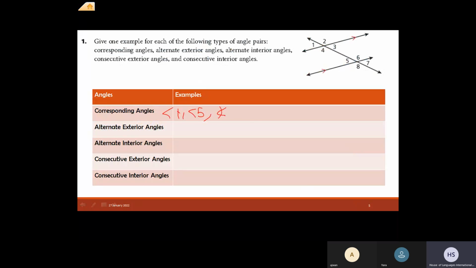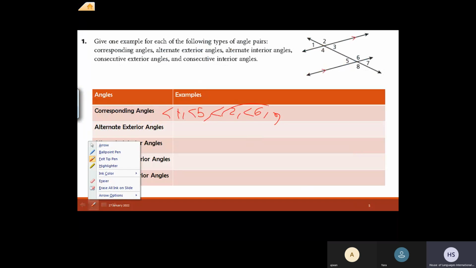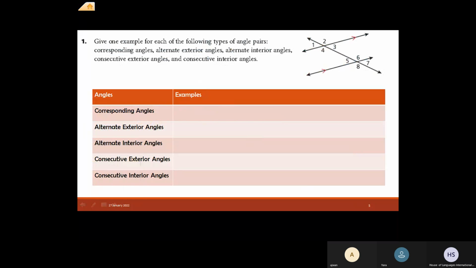And 4 and 8. Angle 1, angle 5. Angle 4 and angle 8. Bravo. Thank you. Okay, Layal, continue.